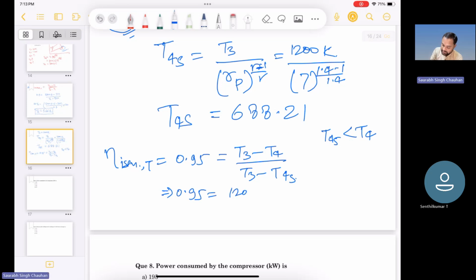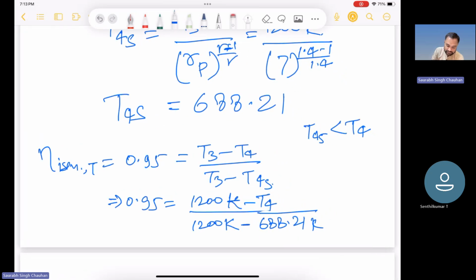T3 is 1200 Kelvin minus T4, which we need to find, and T4S, as we have got, is 688.21 Kelvin.